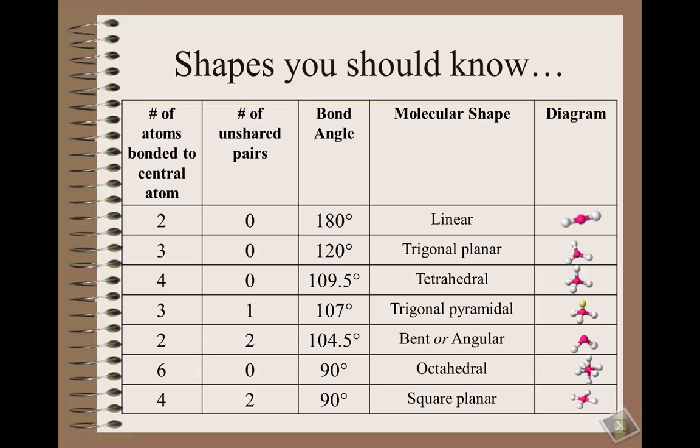If we substitute 2 unshared pairs for 2 of those bonded atoms, then remember that the unshared repulsion is the greatest. So those two charge clouds are going to want to be as far apart from each other as possible, which will be 180 degrees. So in looking at the diagram that you see there, all 5 of those atoms appear to be coplanar.